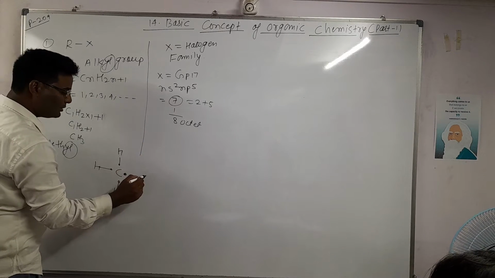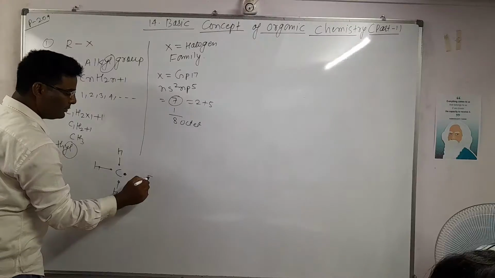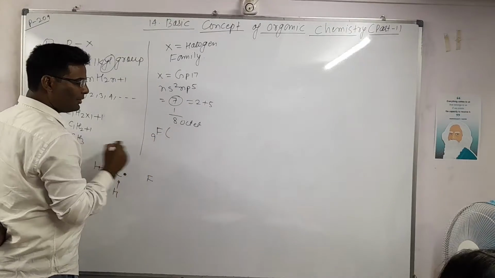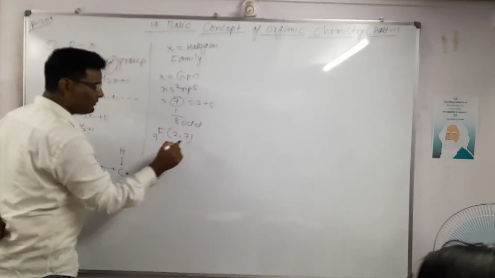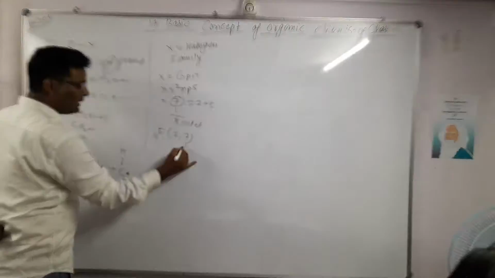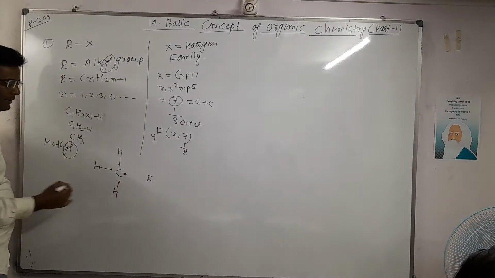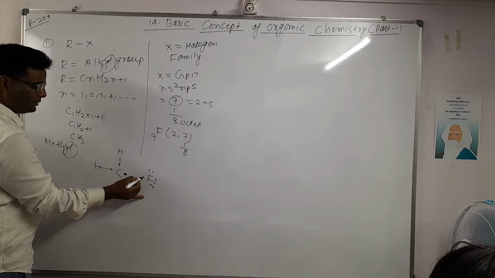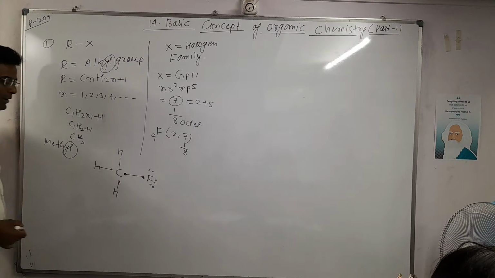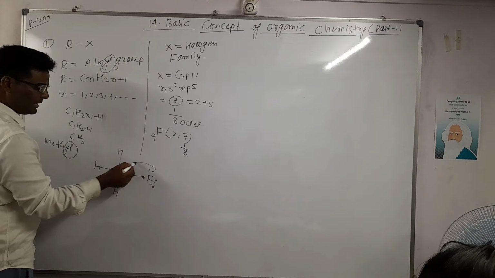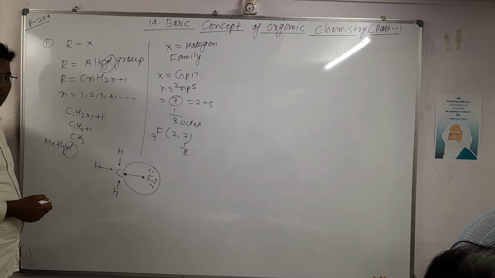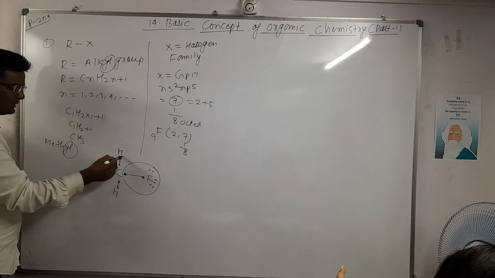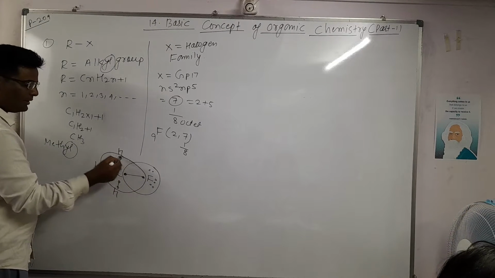And in halogen, suppose I am taking fluorine. So fluorine atomic number is 9. So its electronic distribution will be 2, 7. So it needs 1 electron to complete its octet. So 7 electrons are there in fluorine, right? So it will share electrons with the carbon. In this manner, fluorine has completed its octet, and carbon also completed its octet by sharing with hydrogen and fluorine.